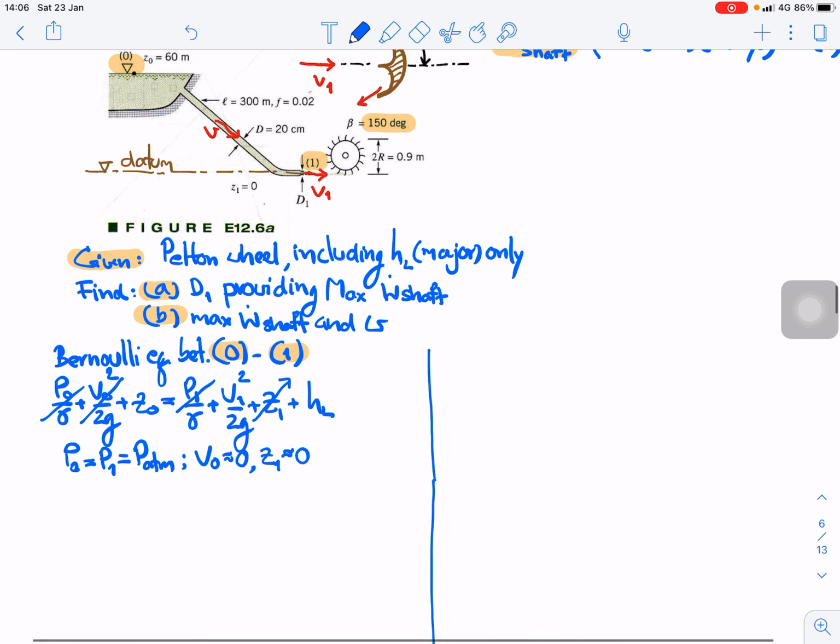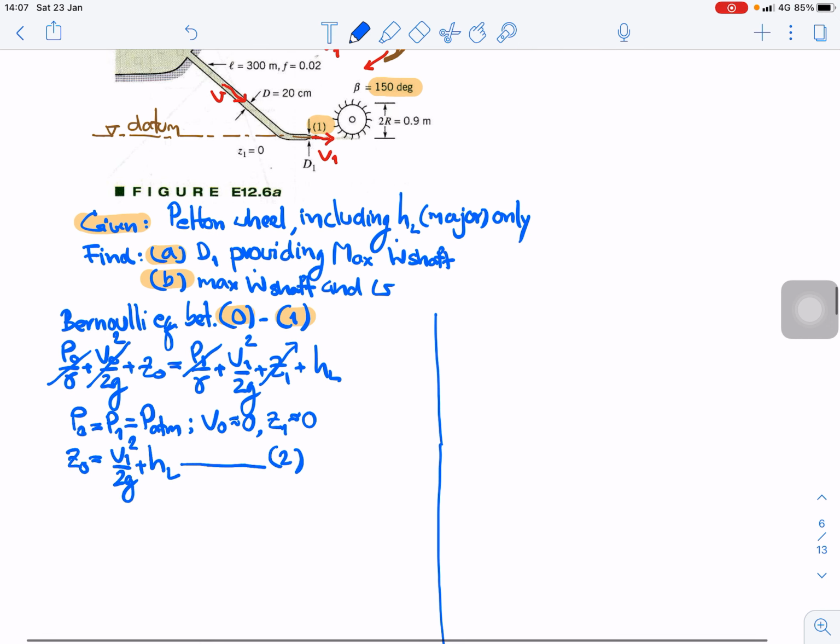So we come up with Z0 equal to the velocity head part plus the head loss, equation 2. The head loss is equal to friction loss, f L over D, V squared over 2g.